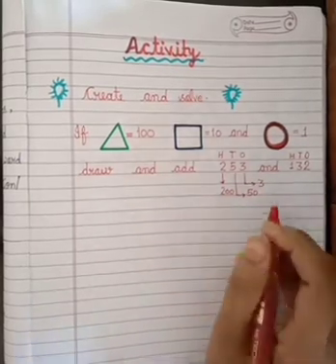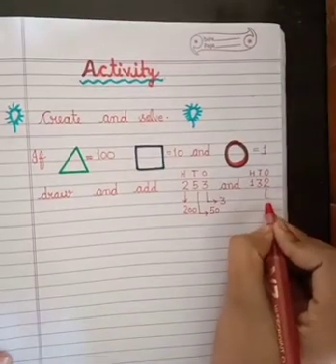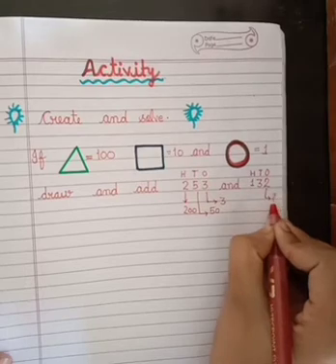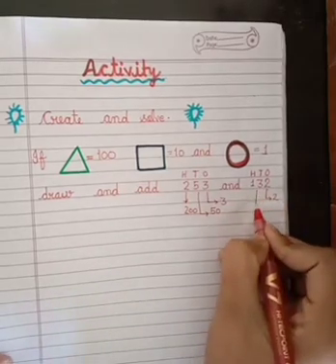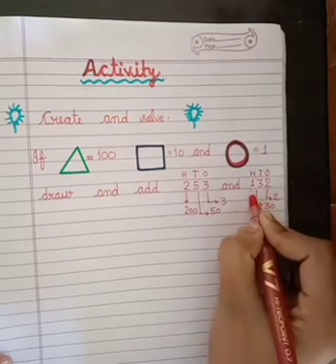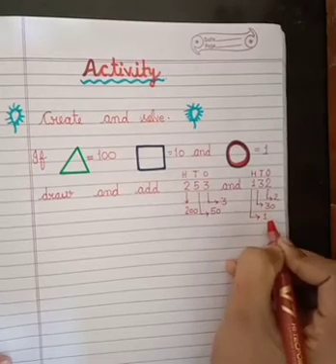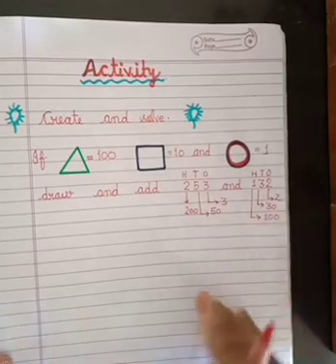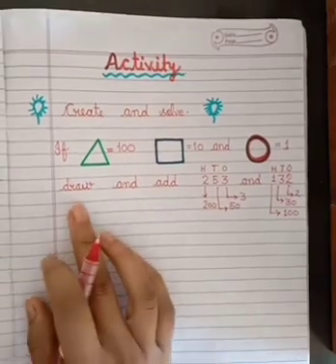In this number the place value of 2 is 2 because it is at the 1's place, and 3 is at the 10's place, so its place value is 30, and the 1 is at the 100's place, so its place value is 100. Now we have to solve.